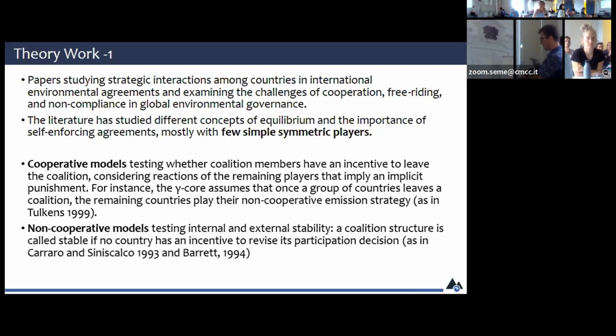But it's not that once you're in you can't leave; the only thing is that if you get out, everything unravels, especially with the gamma core. Once you get out, everybody else goes out from the agreement. That's why it's more optimistic, because the cost of deviating is enormous.